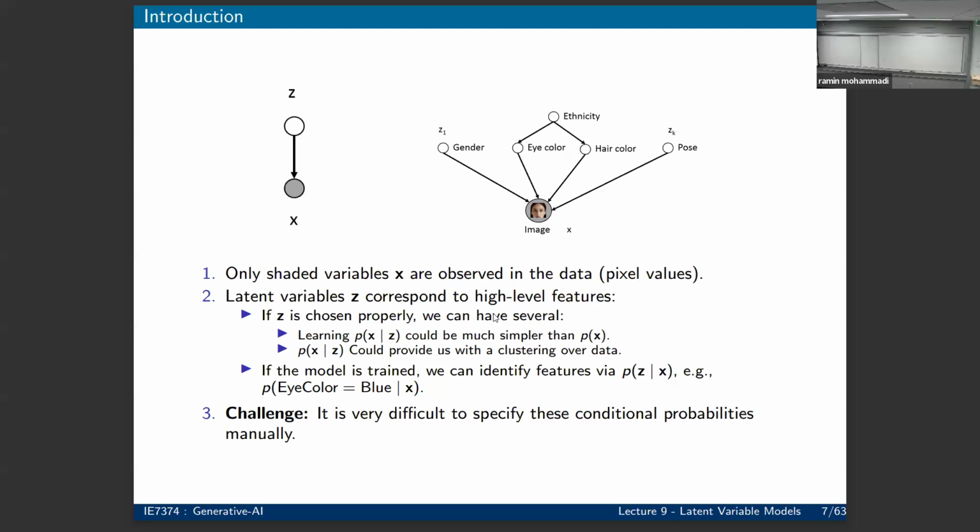Also, this P of X given Z could give you information that you can use for clustering, for example, just because now you have this latent information.